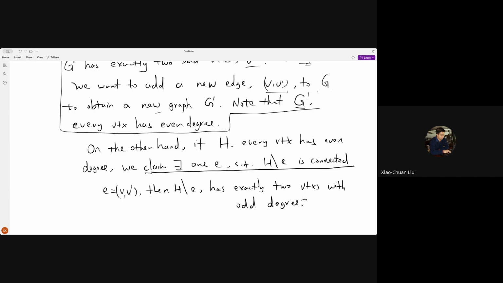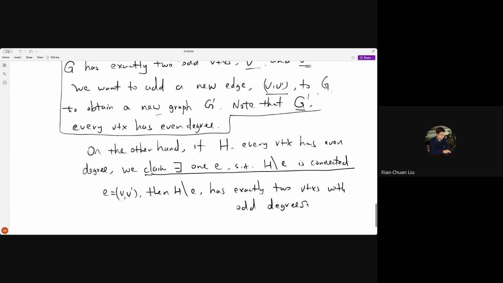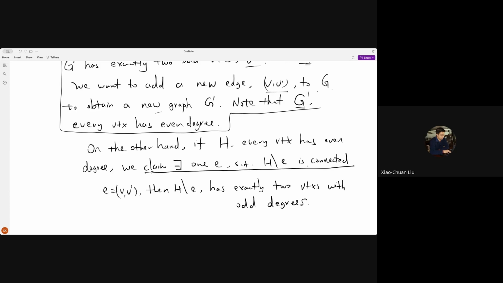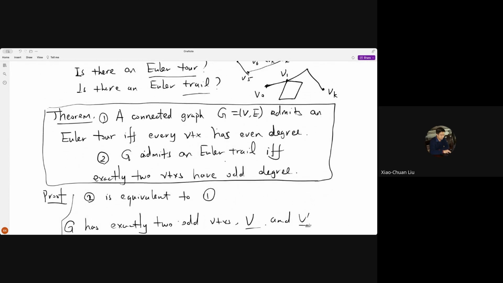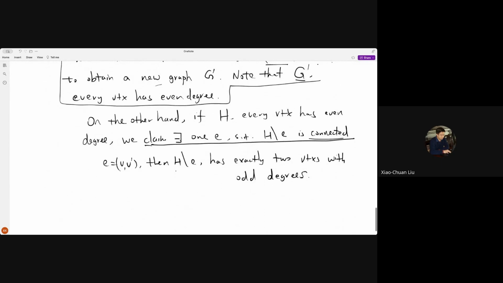But you have to make sure this is also connected. Then you can use the second point to find the Euler trail for H prime. Okay, so this graph is called H prime. So there is an Euler trail for H prime. And you add back the edge E, you find the Euler trail for H.